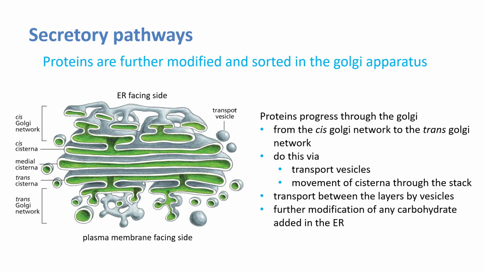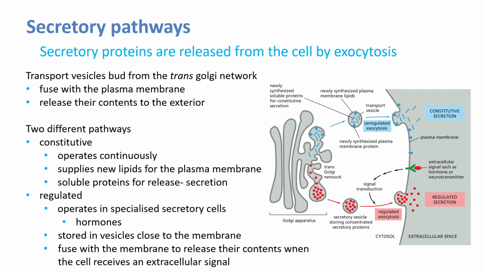Further modification of any carbohydrates that were added in the endoplasmic reticulum can happen in the Golgi. And once those processes have happened, our proteins are ready for the next step in the transport pathway. Once our proteins have progressed through the Golgi apparatus and have budded off into transport vesicles from the trans-Golgi network, there's two possible pathways to enable them to fuse with the plasma membrane.